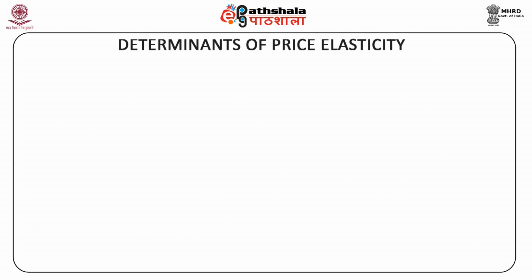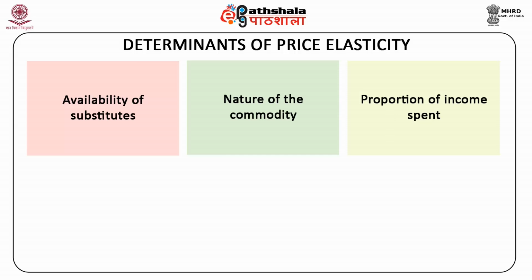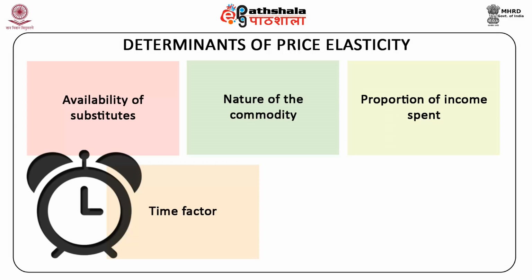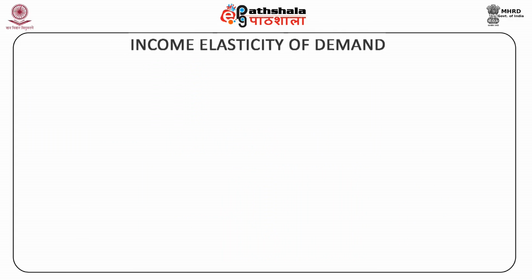The factors that affect the price elasticity of demand are: first, availability of substitutes; second, nature of the commodity; third, proportion of income spent; fourth, time factor; fifth, alternative uses of the commodities. Availability of substitutes.